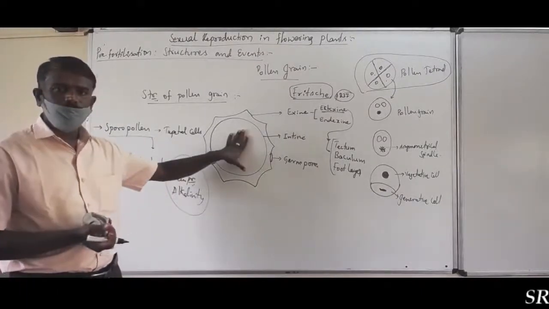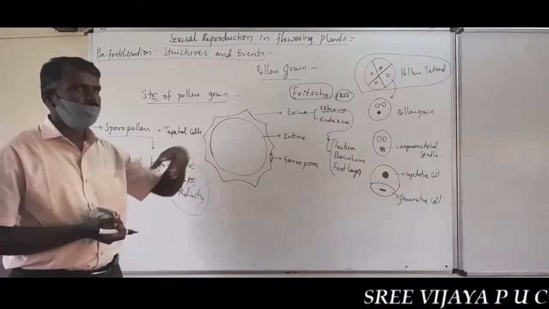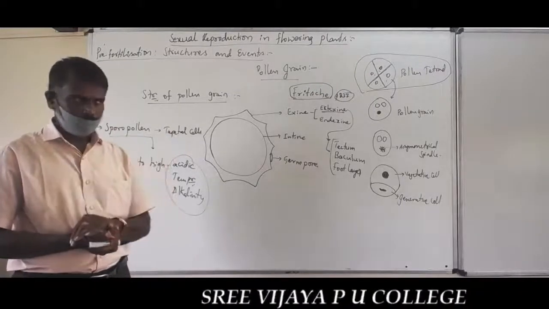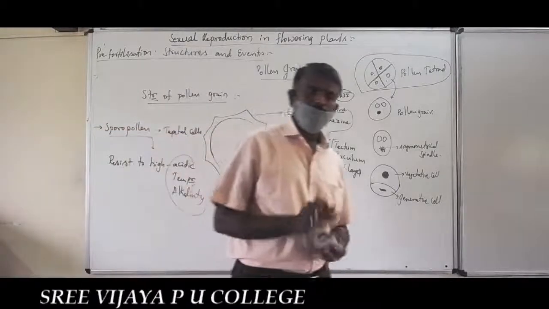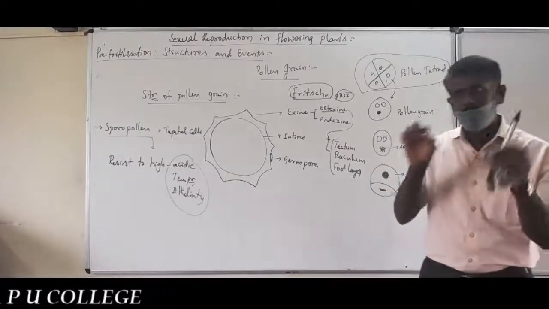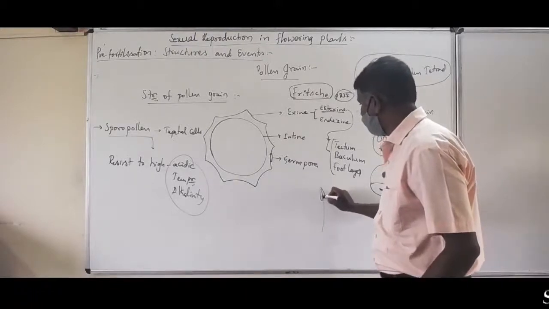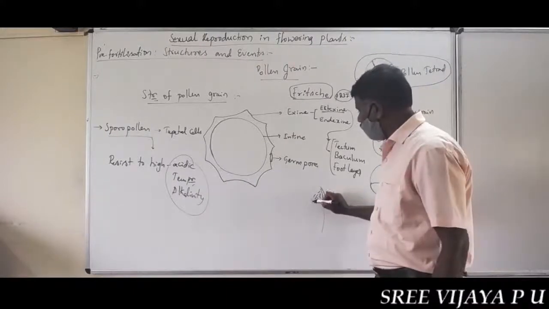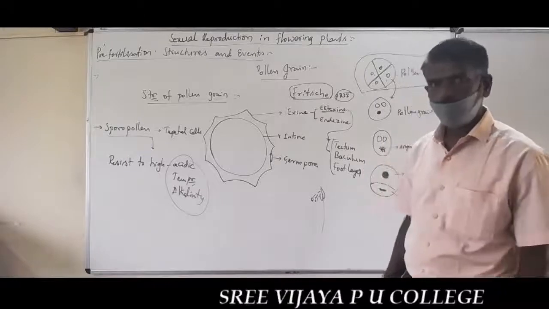Pollen grains are shed from the flower at the two-cell stage or three-cell stage. At the time of dehiscence of the anther, the pollen grains are at either the two-cell stage or the three-cell stage.